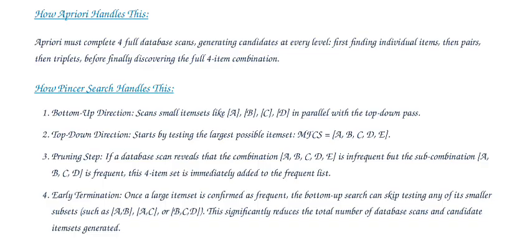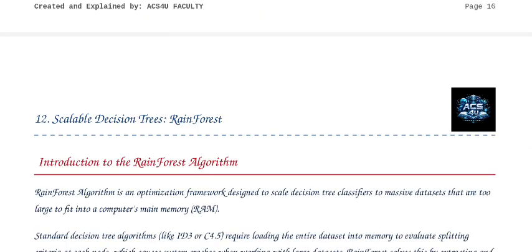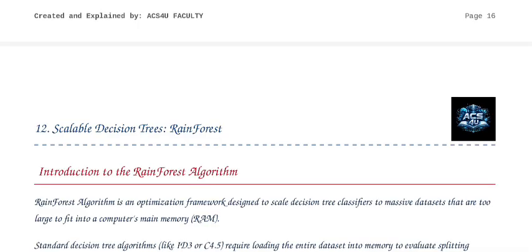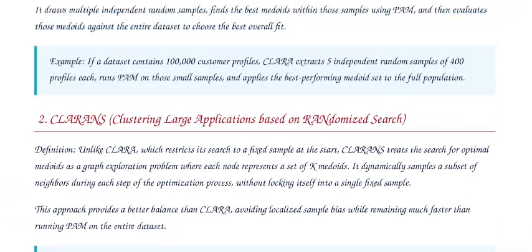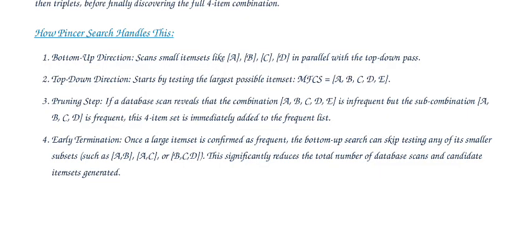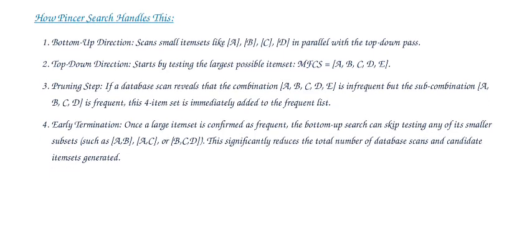Once a large item set is confirmed as frequent, the bottom-up search can skip testing any of its smaller subsets such as AB, AC or BCD. This significantly reduces the total number of database scans and candidate item sets generated.